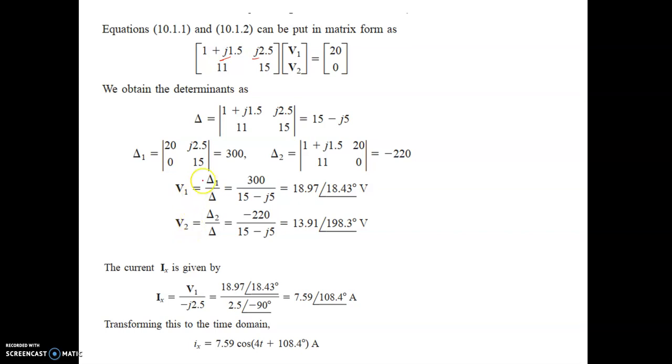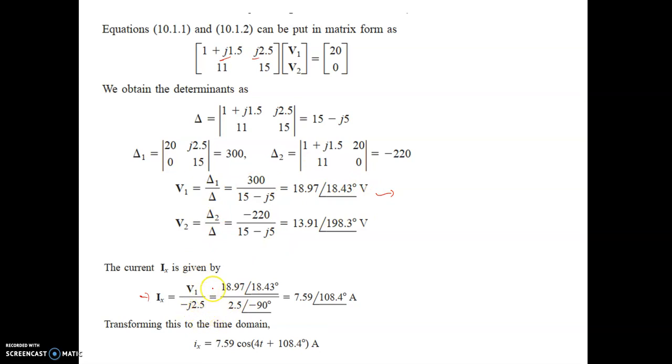Solve using the calculator one by one. Our question is we have to find Ix. Ix is nothing but what we derived, V1 by minus J 2.5. So V1 can be taken from this, then divided by minus J 2.5.